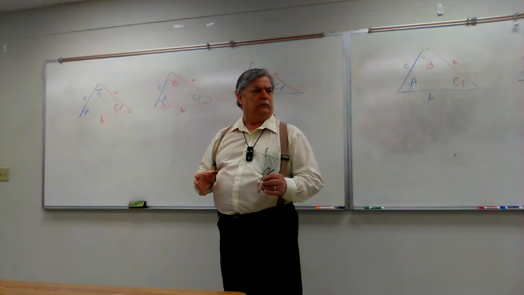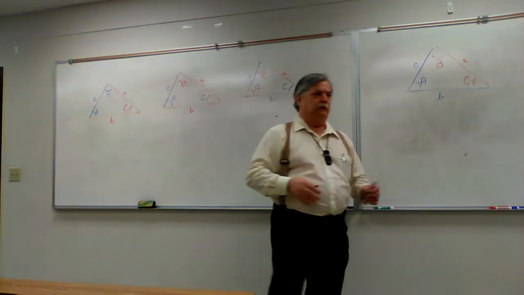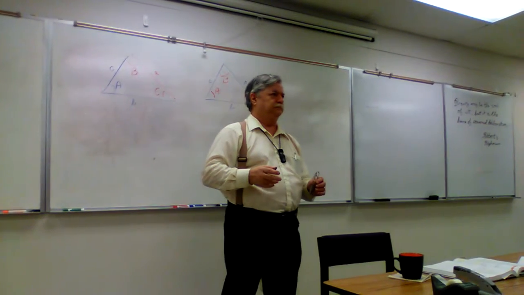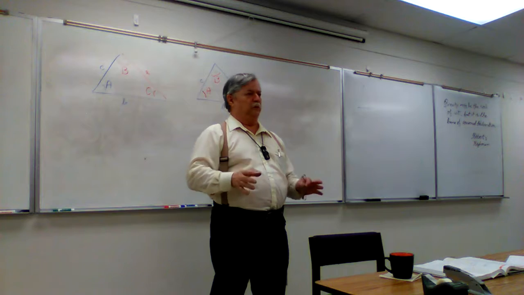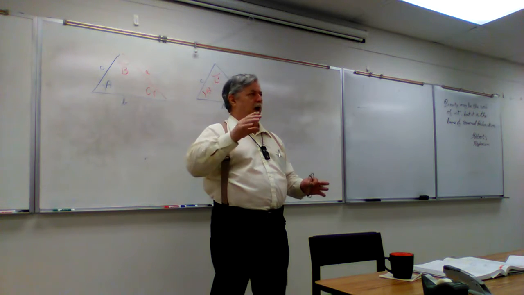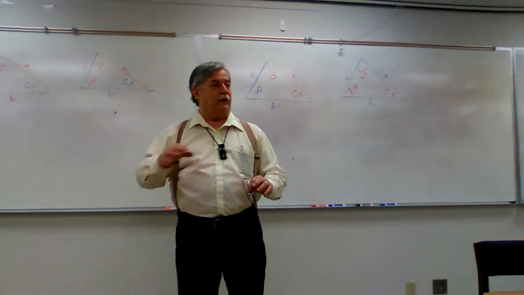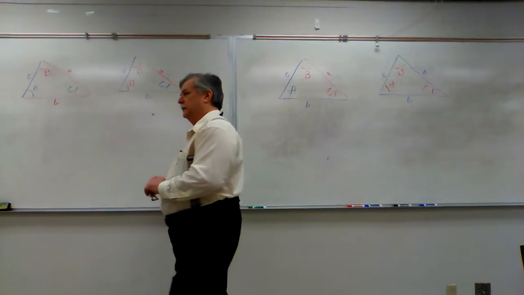Congruent? Am I using the right word? Somebody look it up and confirm that. Congruent is, similar is where all the angles are the same and all the sides are the same. Congruent is where all the angles are the same, but the sides are different. Yeah. Okay.